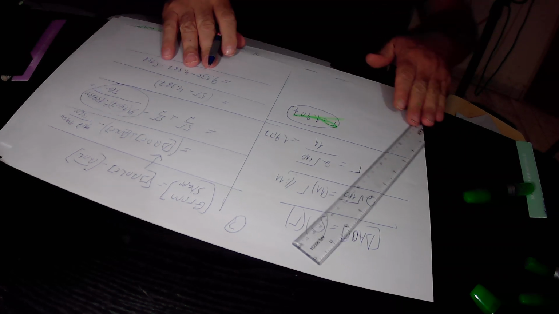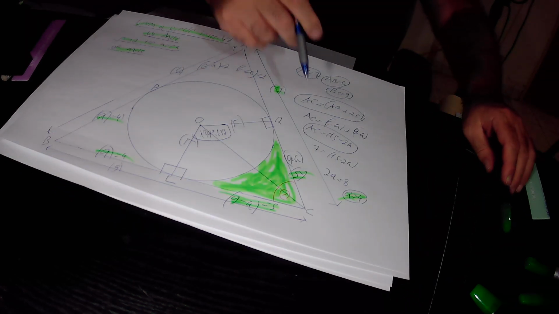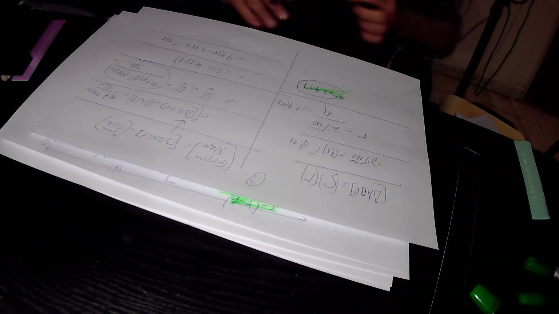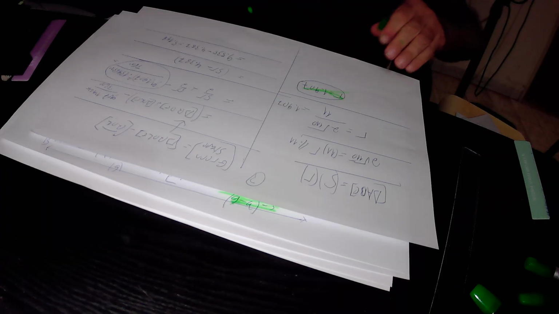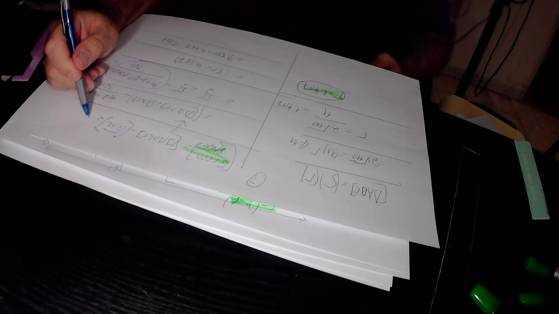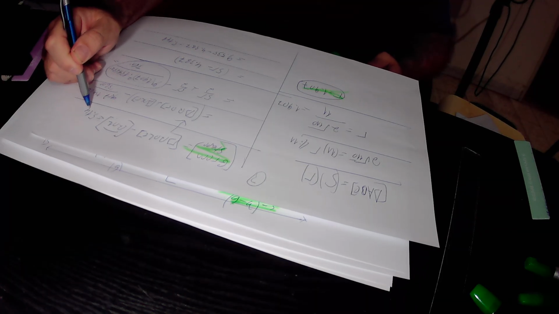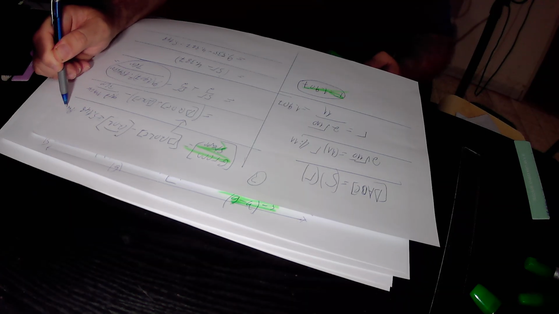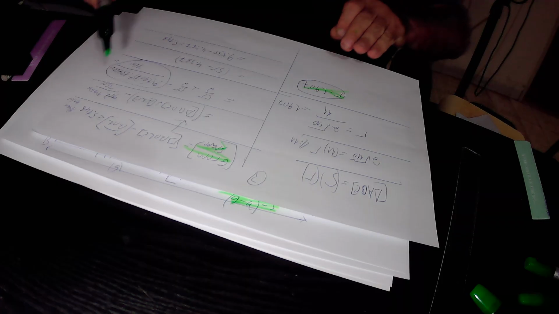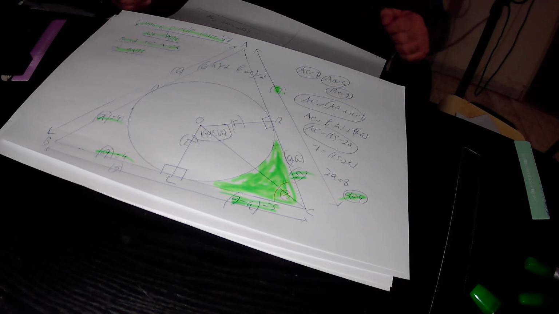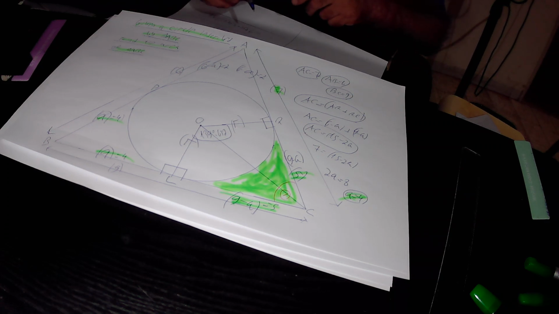So in total, this green shape, that is the area that we are looking for in this question, is equal to 5.148 square meters in its size.